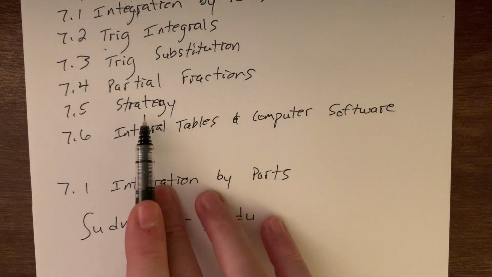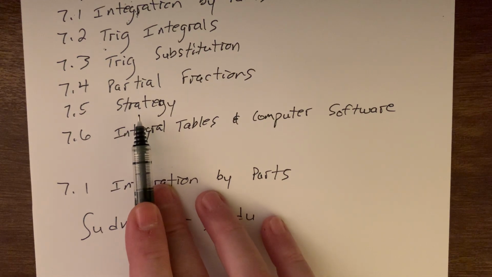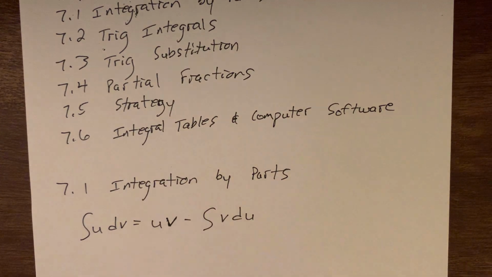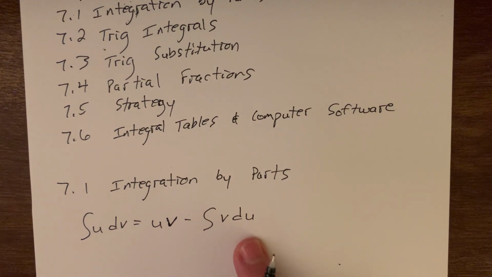Because even when we get to the strategy section, it's still not a hard, fast set of rules. It is still very much a hierarchy of, well, you try this, and if this doesn't work, then you try this. And a lot of what you try is based on that identification and what are the things we see. So, still haven't really explained integration by parts, but I'm already going to clue you in.